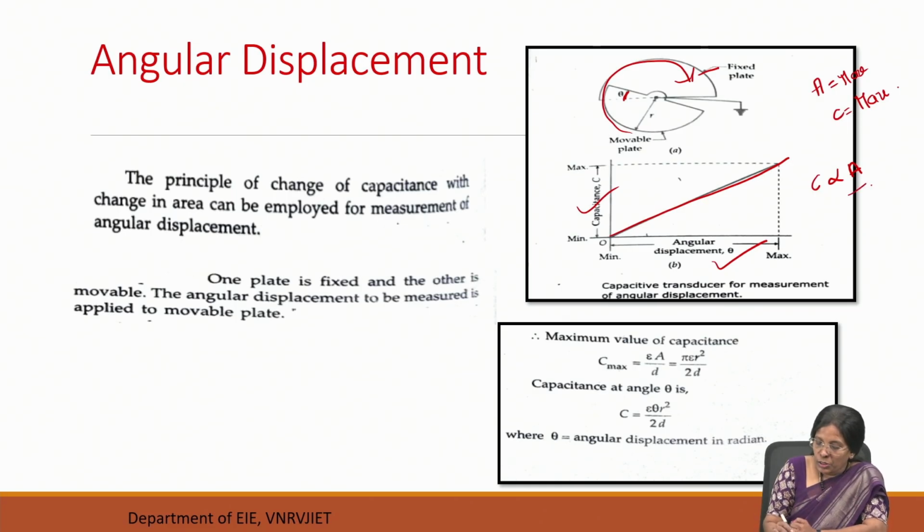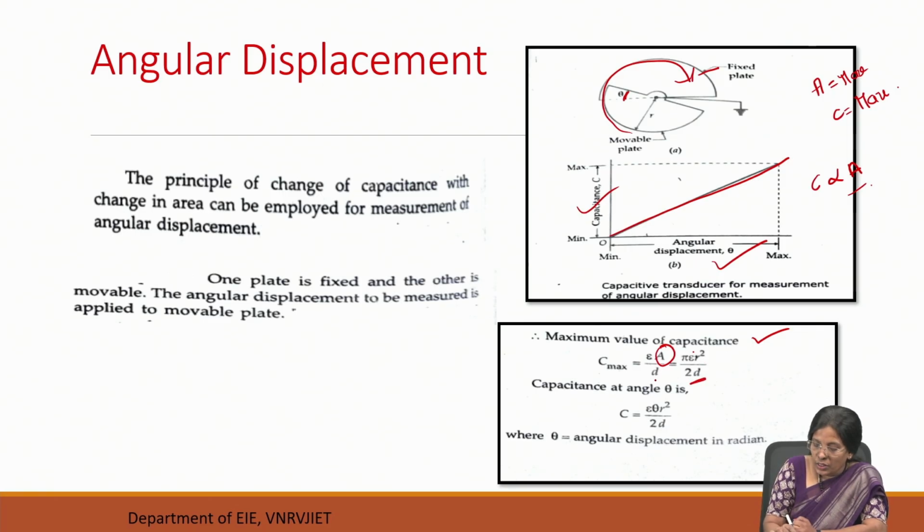Now, the maximum capacitance can be represented as C max equals epsilon A by D, where epsilon is permittivity and the area of the plates is pi r square, and here it is D.